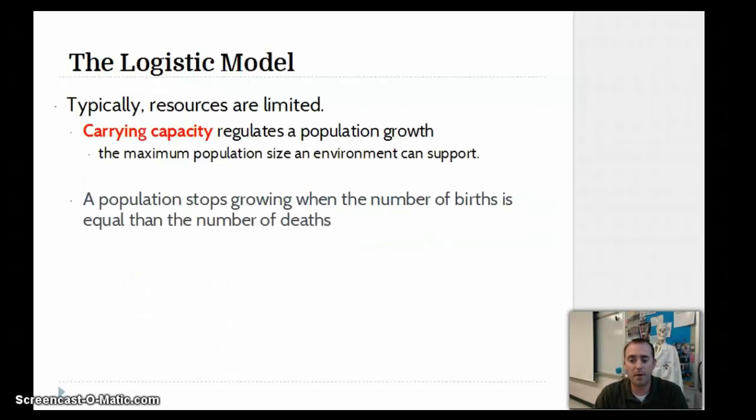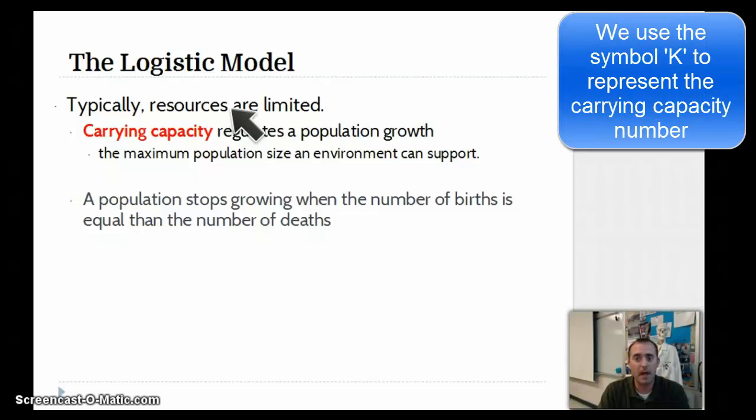The second type of growth rate is logistic. And this is what we typically see in most cases. This is because resources are usually limited. There's not an unlimited amount of food, water, or space. They become limited as a population gets bigger. And as a population gets bigger, it gets closer to what's called its carrying capacity.